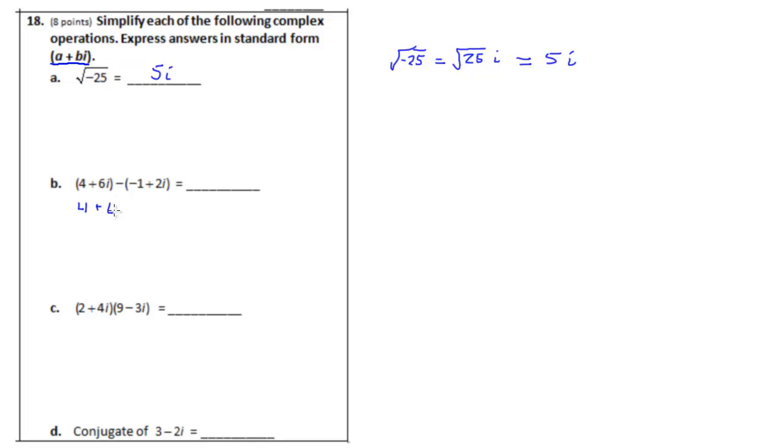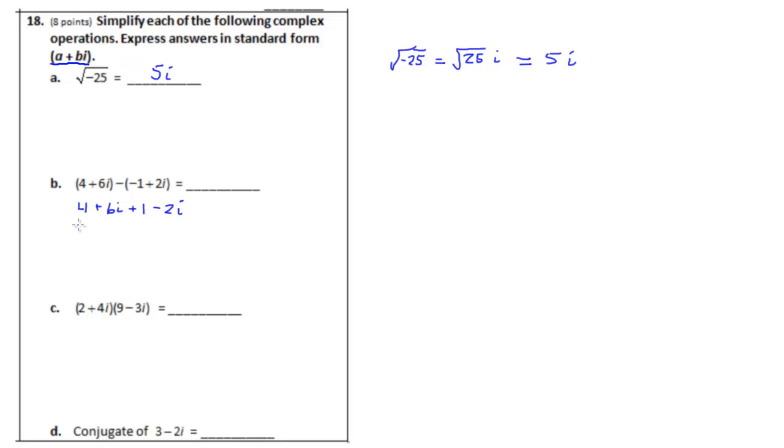That's 4 plus 6i, minus -1. That's plus 1. And we're also subtracting 2i, so minus 2i.